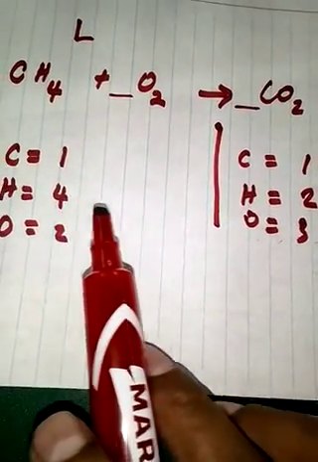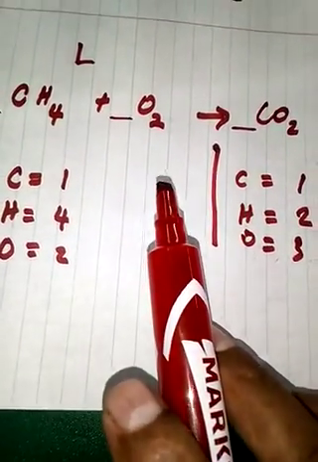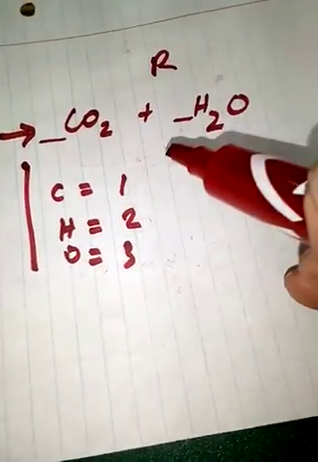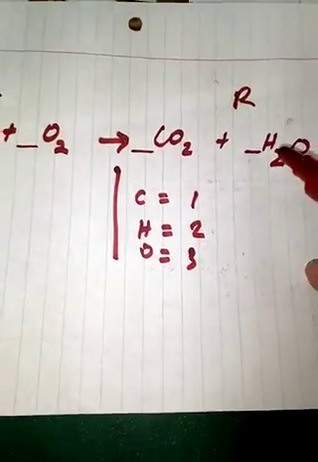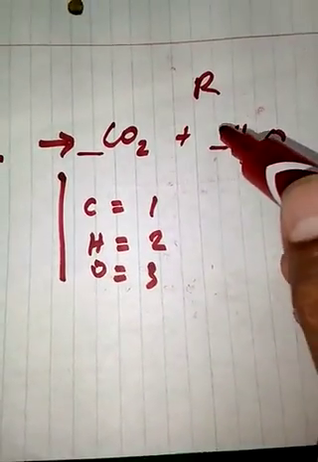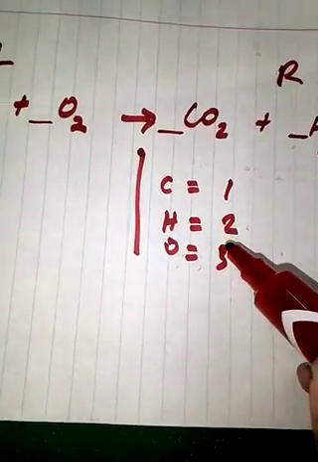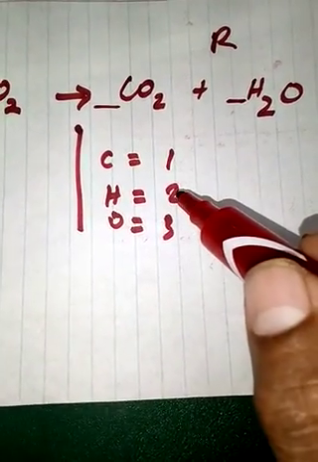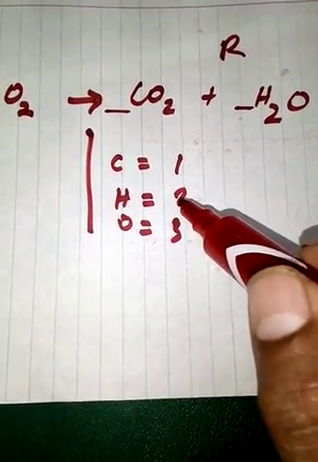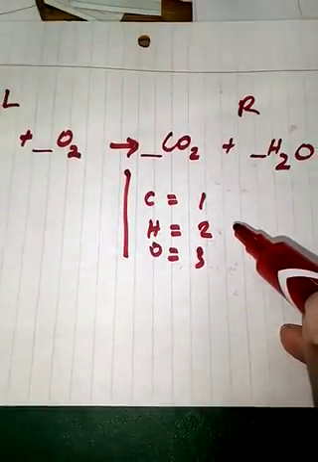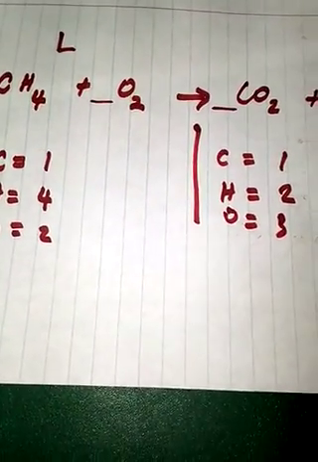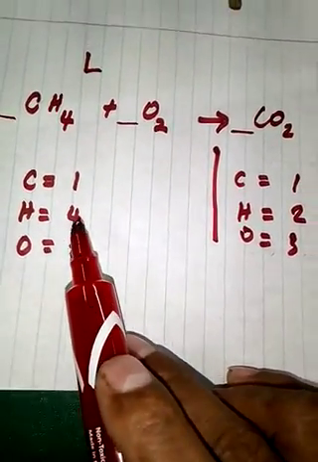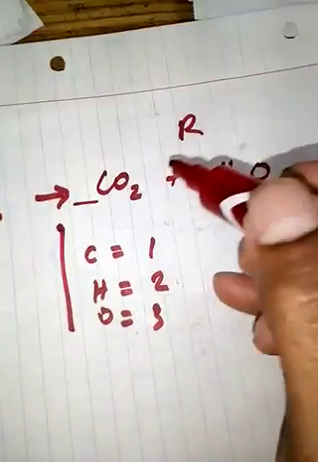So what number are you going to add over here to make this side 4? Because if you multiply 2 times 2, it will give you 4 hydrogen, the same as 4 hydrogen here. So you need to add.